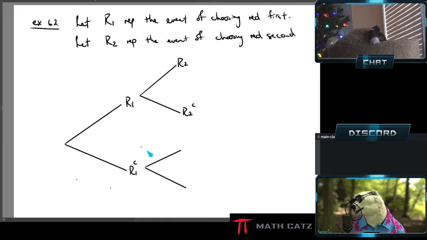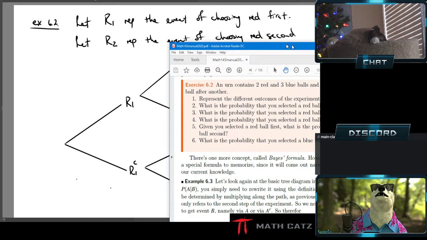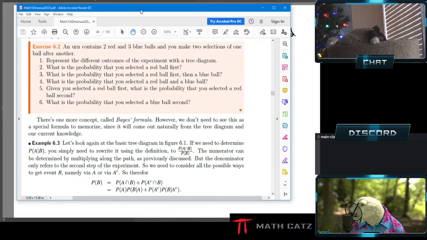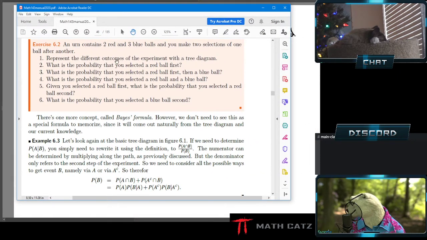Again, you can make it R and B, it really doesn't matter. But in the interest of minimizing my sentences that I have to write, maybe this is preferred.